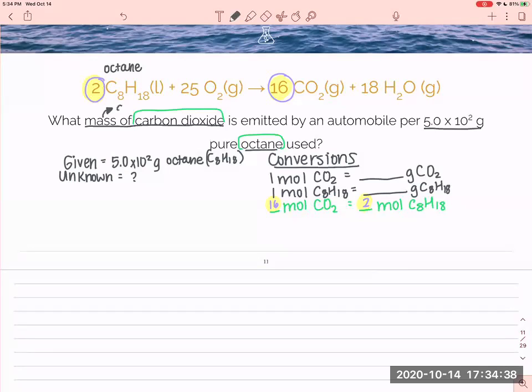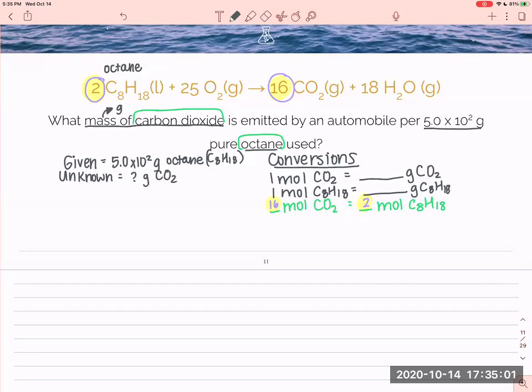And then if we think the number is big, we can convert it to kilograms, right? So if I'm giving you a lot of grams, you may want to report your answer in kilograms. Sometimes in science, you will be asked to make your own decision about what unit you need to represent, and it depends on how big or how small that number is in that unit. So let's just start with grams of carbon dioxide.